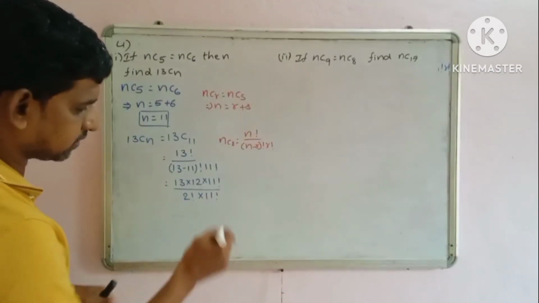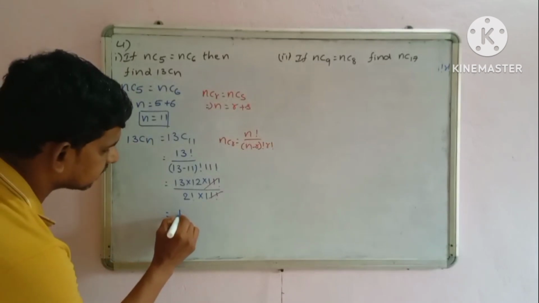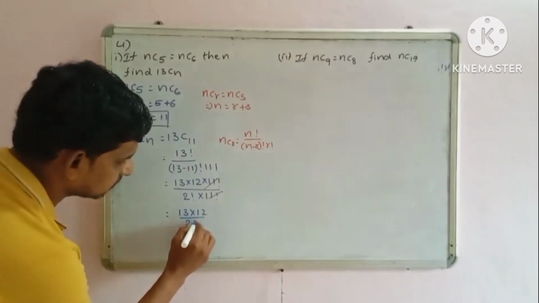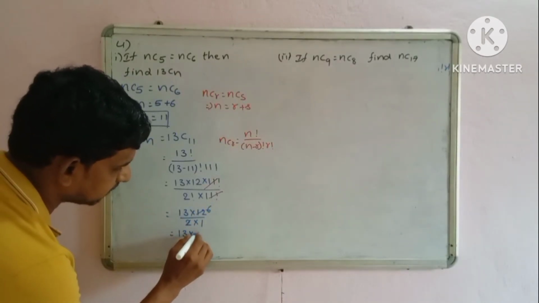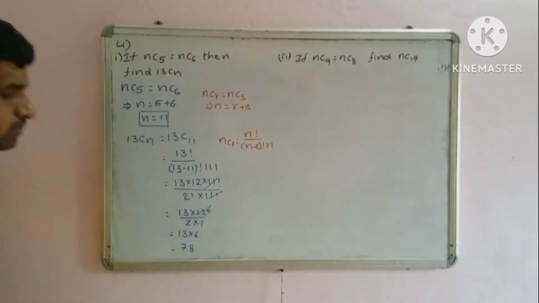Here 11 factorial cancels. So 13 into 12, and 2 factorial is 2 into 1. So 2, how many times? 6 times. So 13 into 6 by 1. No need to write 1. 13 times 6 is 78.